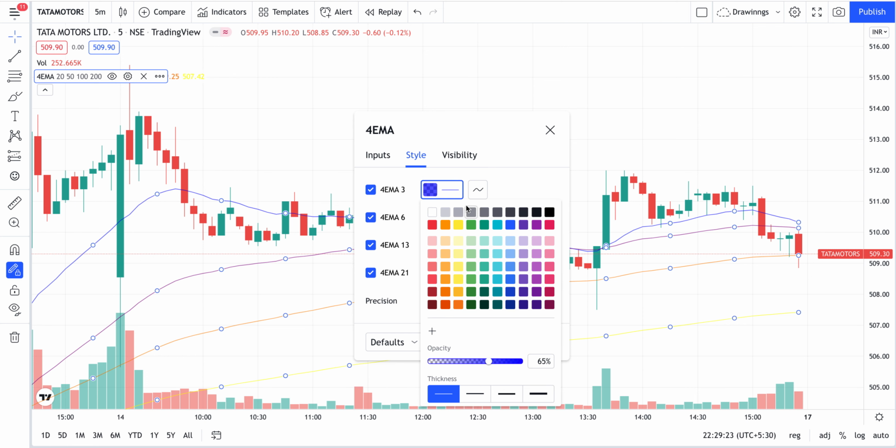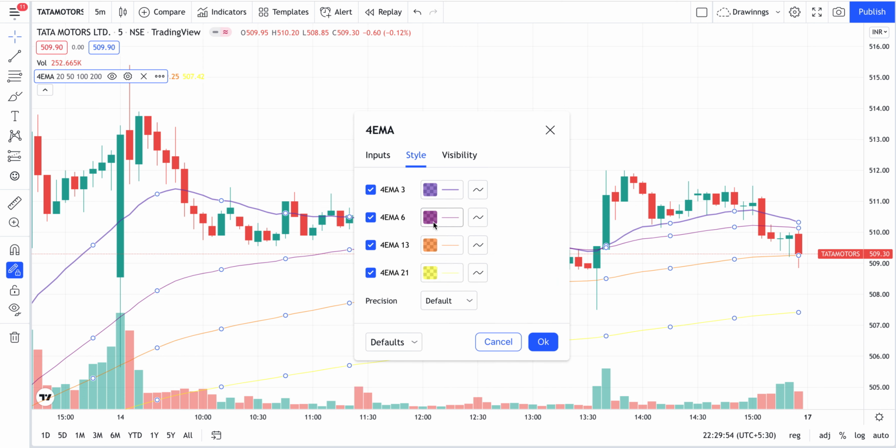This is just to give you a little idea to make your chart better. So this is the 20 period moving average. I am going to give it an indigo color, and we can change the opacity like this, and we are going to increase the thickness a little bit.